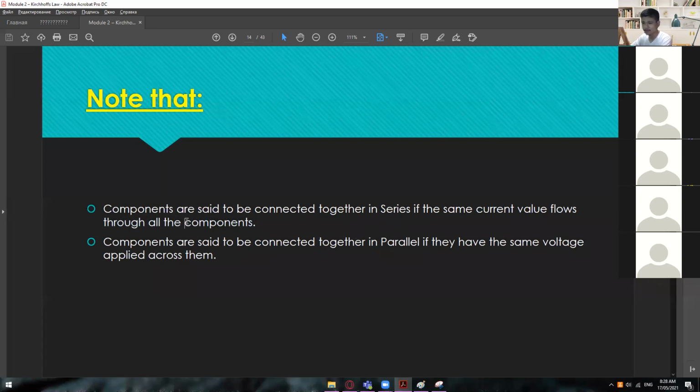This is just a reminder: in series, currents are equal. But in parallel, you could say that it's parallel if they have the same voltage applied across them. The one that is equal in parallel is the voltage. Series, current. If it's parallel, then voltage.